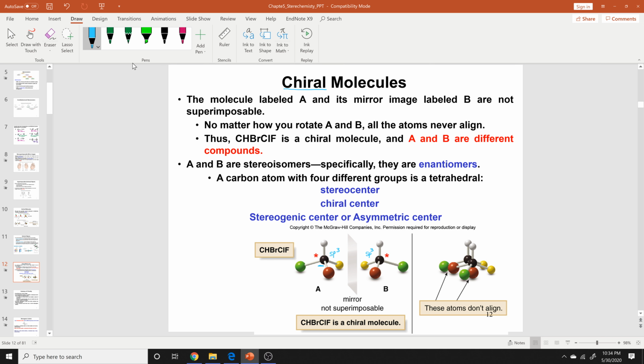And if there's one chiral center, then definitely the molecule will have a mirror image, and the molecule and the mirror image are going to be completely different. So I would say that A and B are going to be enantiomers. These are stereoisomers. They differ in the orientation of the molecule in space. Specifically, they differ in the rotation around the chiral center.